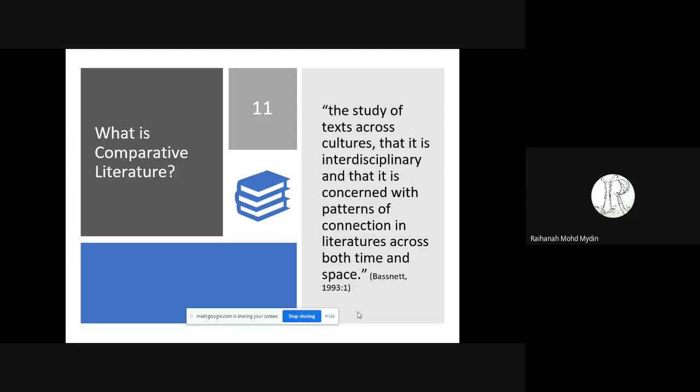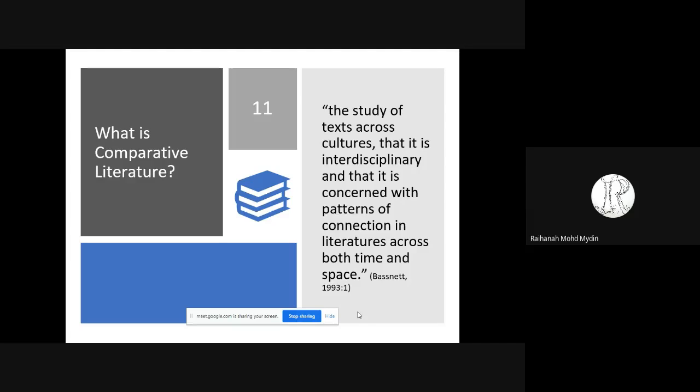So with every definition that you come across, you need to ask yourself, does this definition appear inclusive or exclusive? Does it include nations from outside the centers? Centers in this case meaning Europe, England and America, the Anglo-American centers.